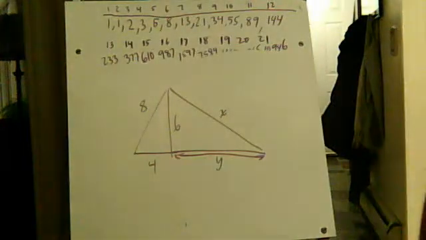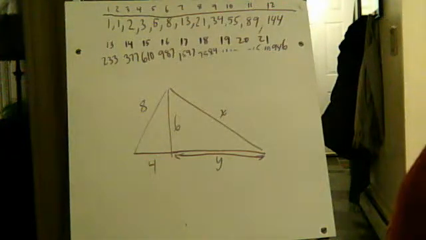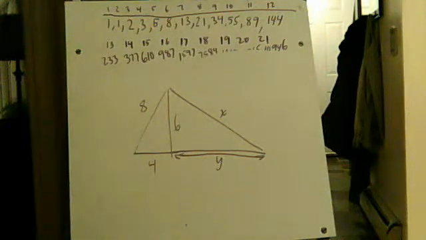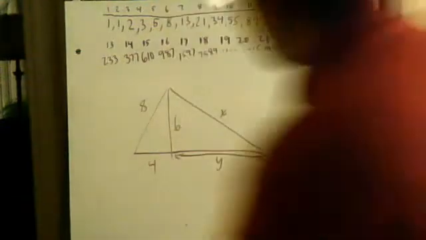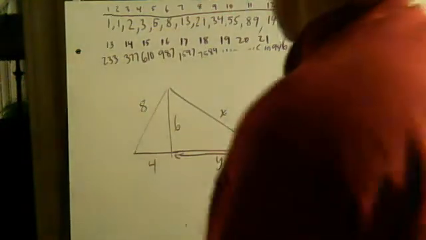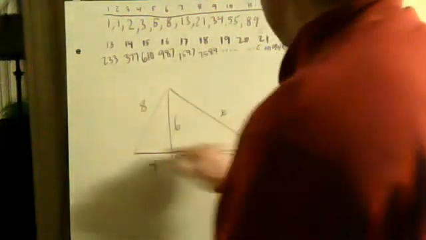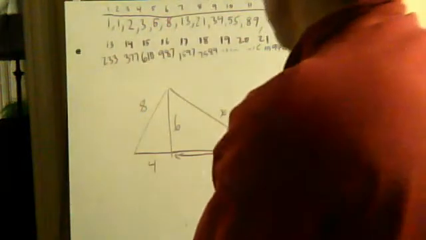Okay, now they say, find the value of x and y so that the shaded triangle is a gnomon to the white triangle. Okay, that means that the total one has to be similar for that one.